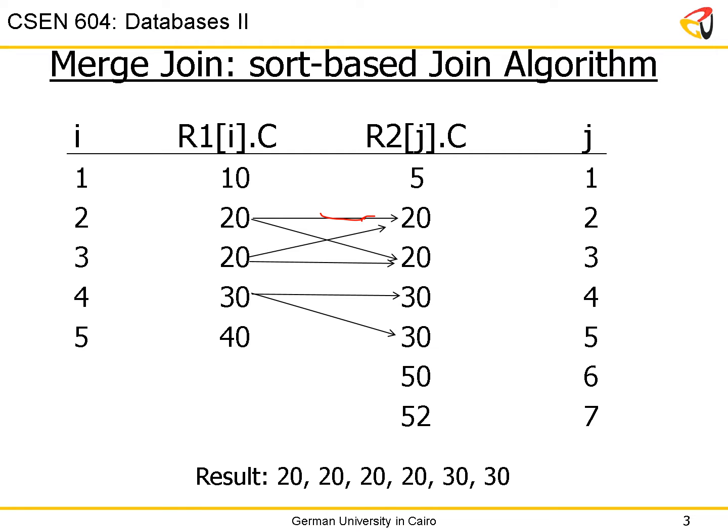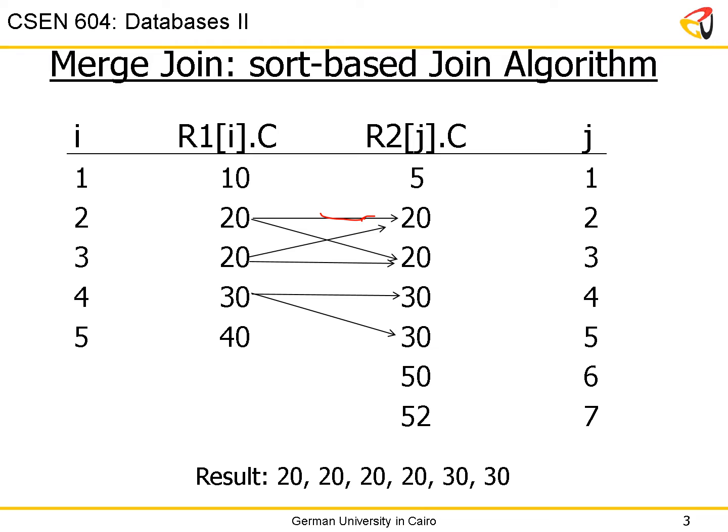What we're looking at now is a technique you would use as part of a sort-based approach to doing the join. So you have to sort the column you're joining on in the two tables. Here the tables are R1 and R2, and the column that is common between them is the C column. Now, here is how this works.